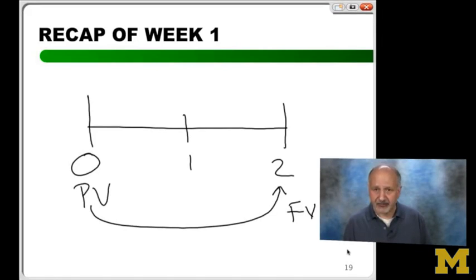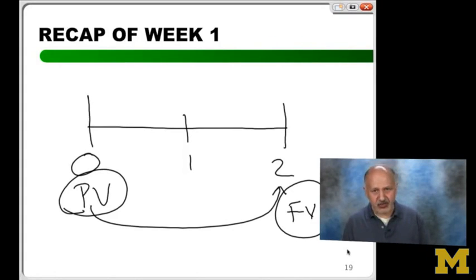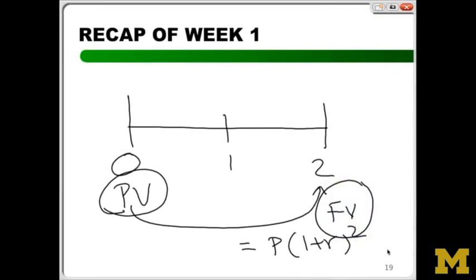And then, after recognizing that, we also did, what does the PV of something in the future look like? As you can see from this, the future value will be P, which is the initial value, times 1 plus R raised to power 2, right? And that 2 can become N.